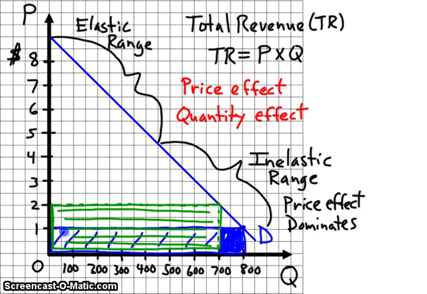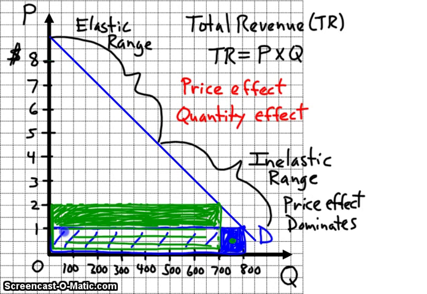So when we raised the price, we lost the sale, or the 100 in quantity, from our total revenue picture, but what we added was all of this block up here, because we're going to sell the remaining 700 units at $2 rather than $1. And I think you will agree, if you compare the size of those two areas, this area in green is larger than this area in blue.